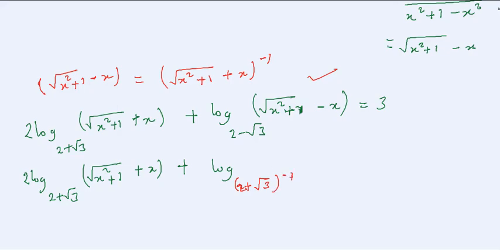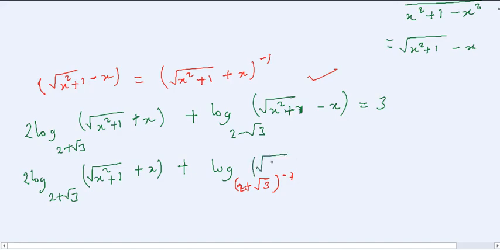As I have shown you before, 2 minus root 3 is the same thing as 2 plus root 3 raised to the power of minus 1. So this one is still the same thing, x squared plus 1 minus x is equal to 3.